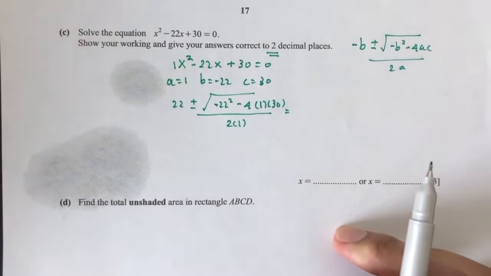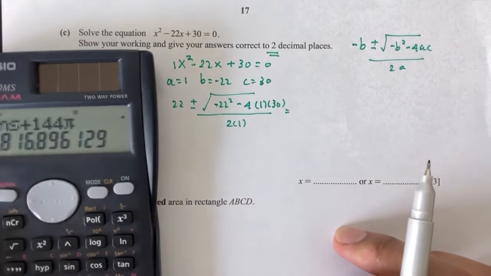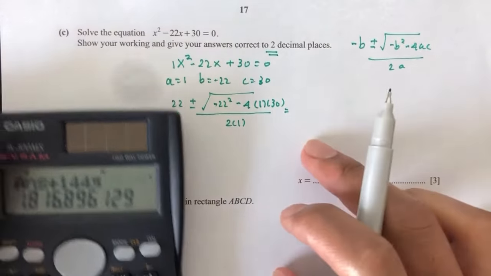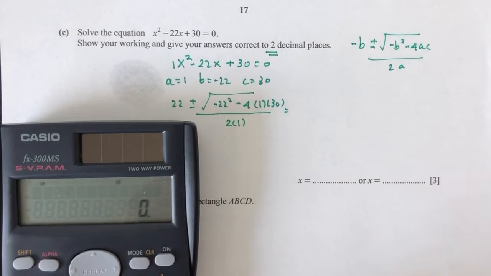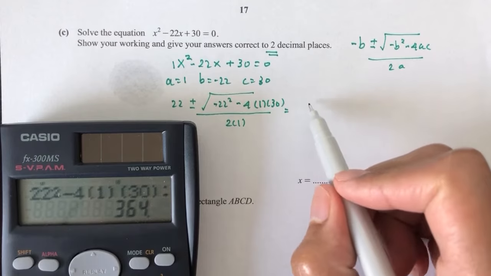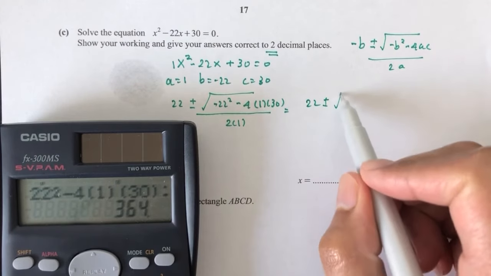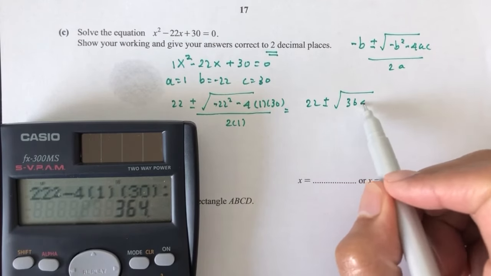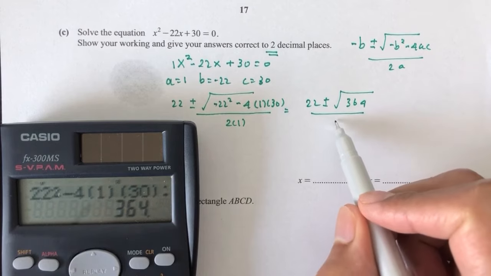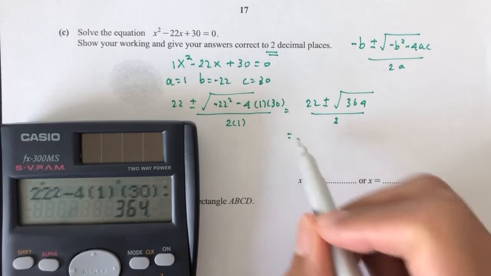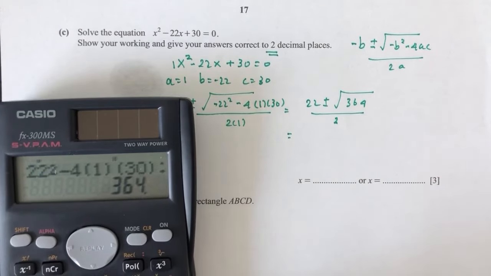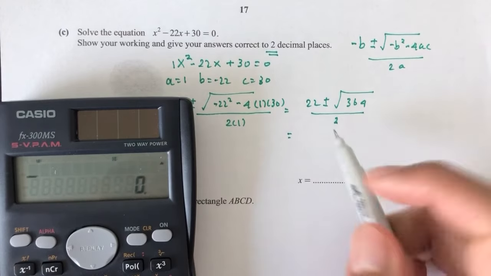That will be what? Let's simplify using our calculator. Let's do inside the square root first. We have 22 squared minus 4 times 1 times 30. So we have 22 plus or minus the square root of 364, divided by 2. So for the first part of your answer, we can simplify this.